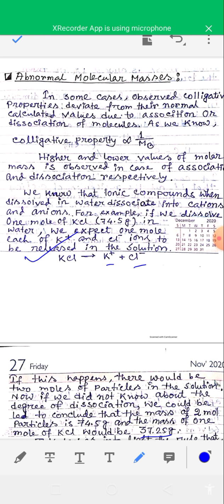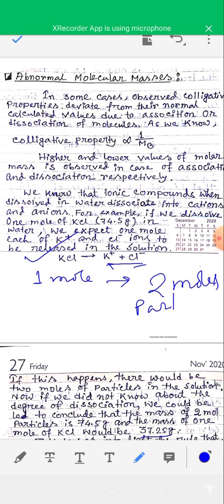We are adding 1 mole KCl, but if you calculate the total number of particles in the solution, it will be 2 moles. This is due to dissociation of KCl.